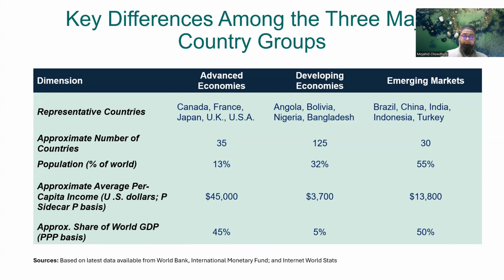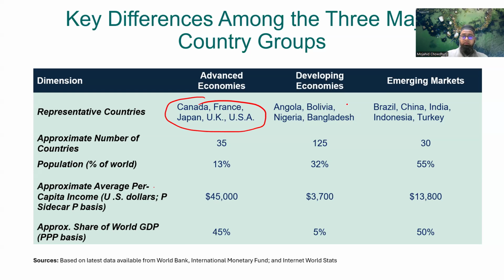Now let's have a look at the key dimensions and the differences in three types of economies. The first is which countries represent the advanced economies. Like I mentioned earlier, Canada, France, UK.